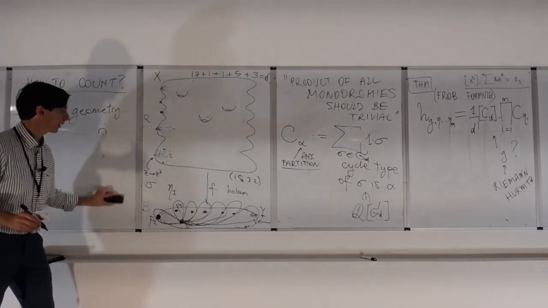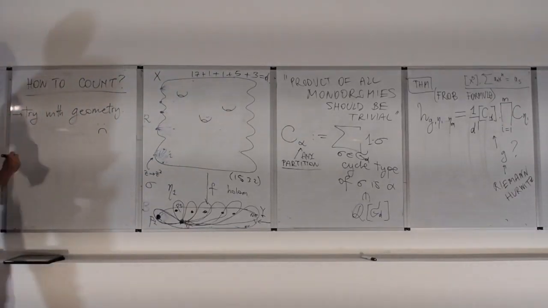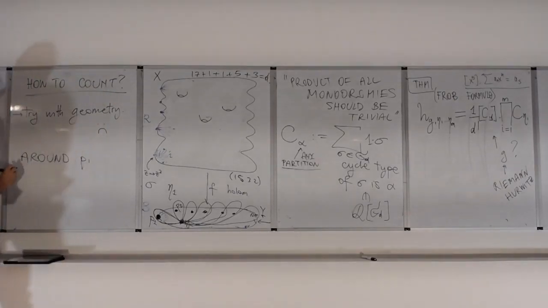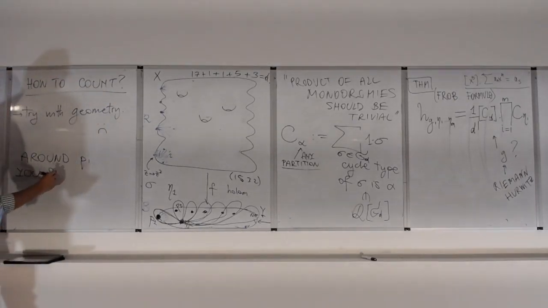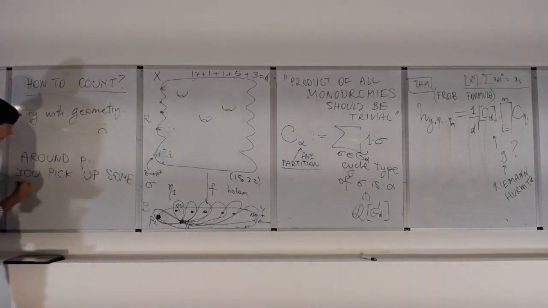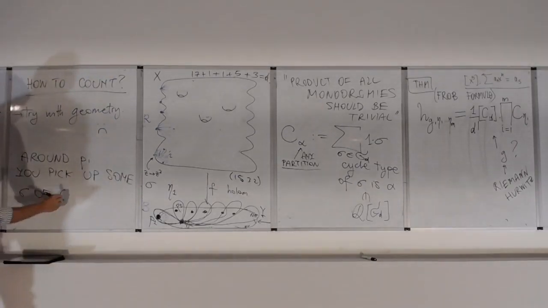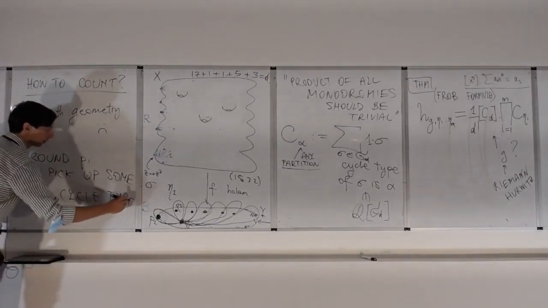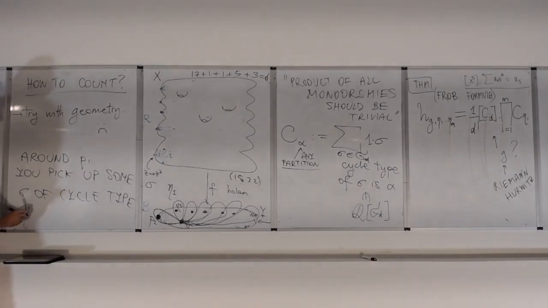The first time you go around P1, you pick up some sigma of cycle type eta 1.